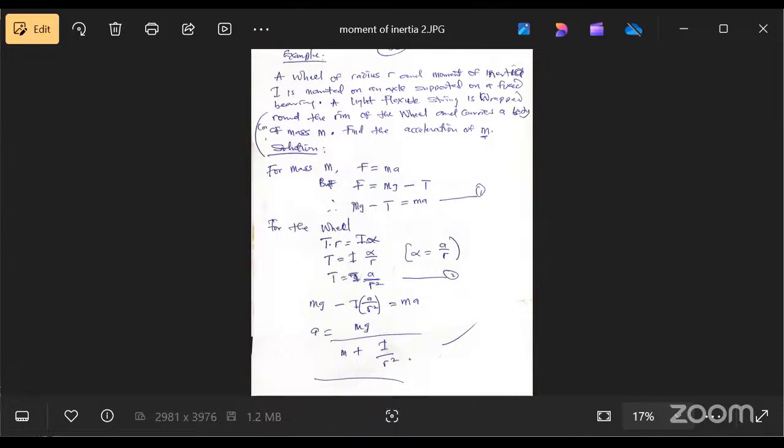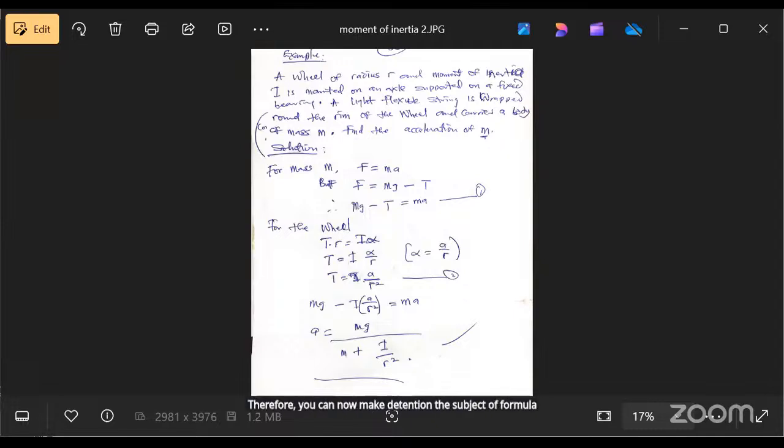For the wheel, the tension multiplied by radius is equal to moment of inertia multiplied by acceleration all over R. And acceleration over R is what is denoted there as alpha. You have to circle that and take note of that. Therefore, you can now make the tension the subject of formula.